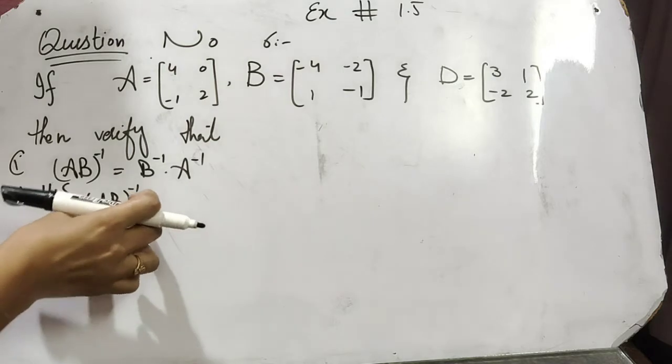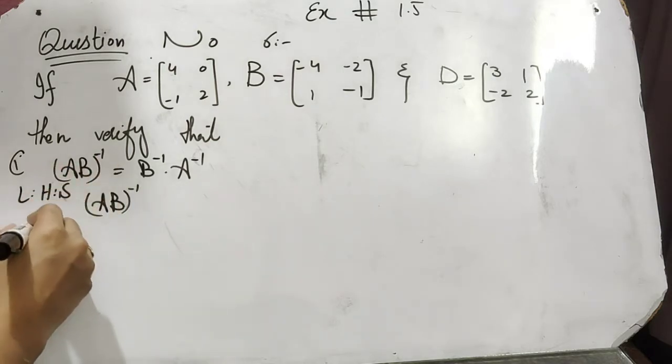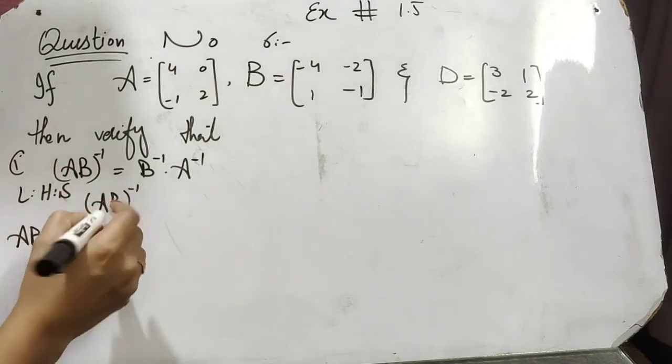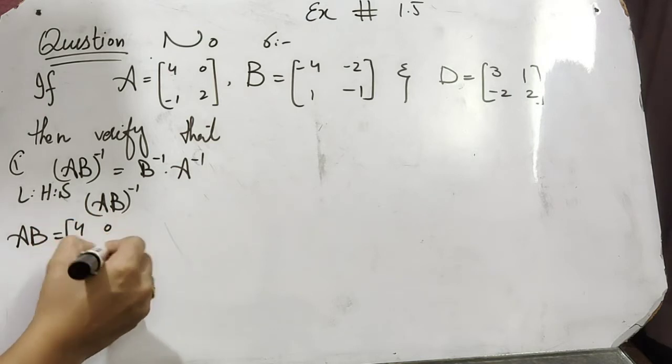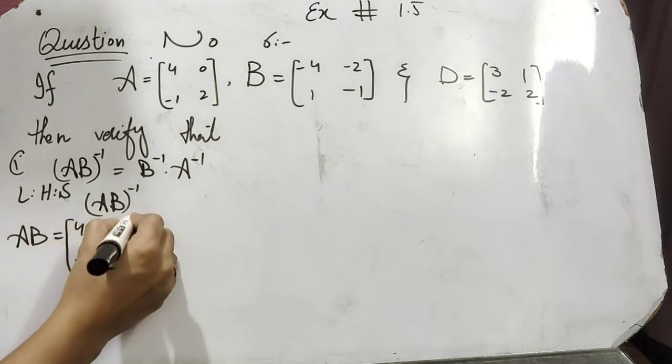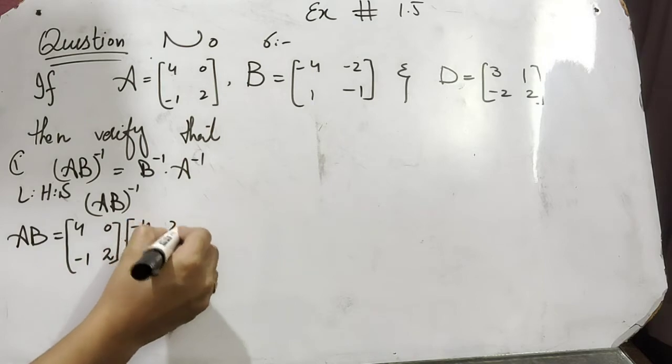To solve this part, first we multiply A and B. We get A is equal to [4, 0; -1, 2], and B is equal to [-4, -2; 1, -1].